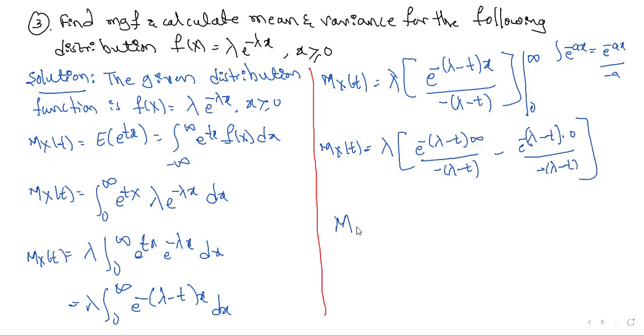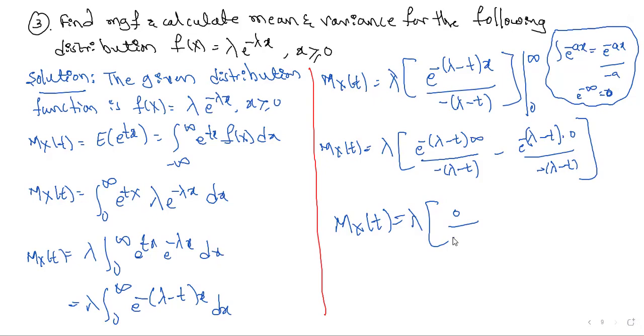We know that e power minus infinity is 0. This value is 0. Why? Because e power minus infinity is 0. So this is 0, minus something power 0 is 1, divided by minus times (lambda minus t).